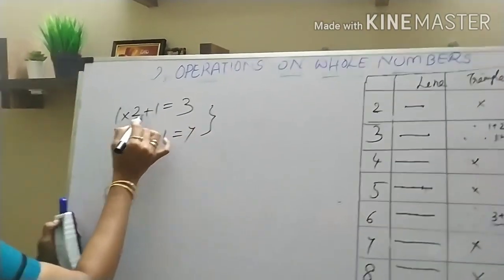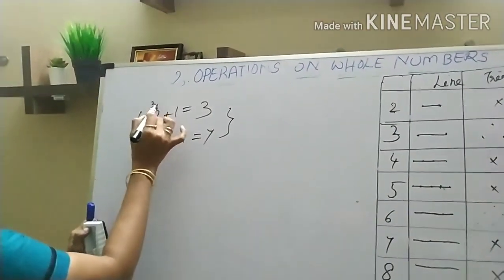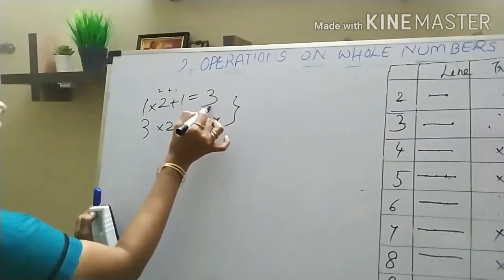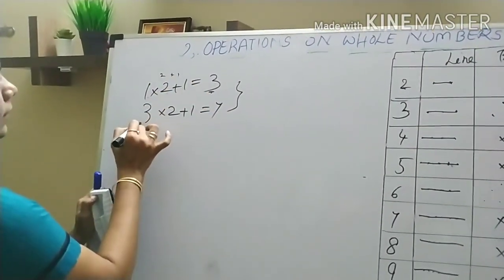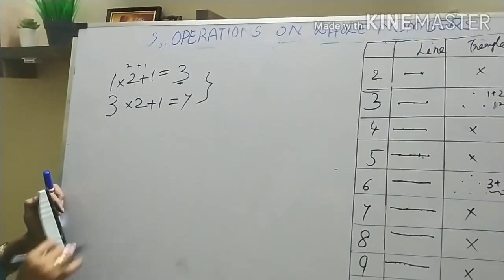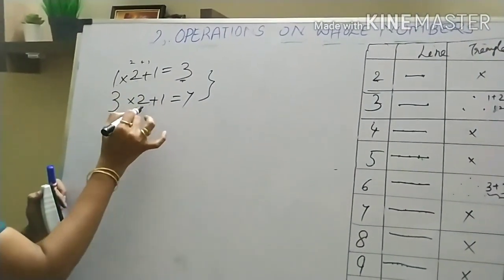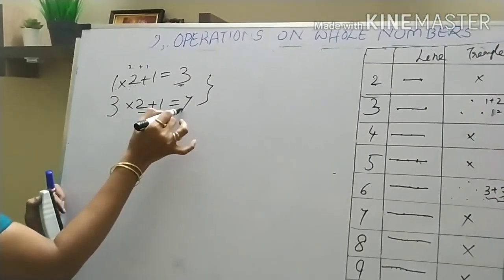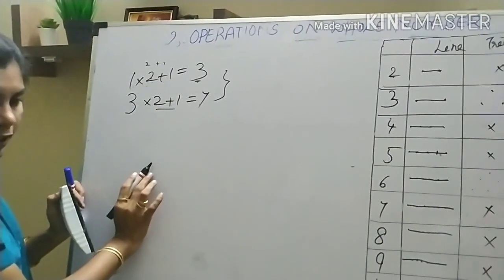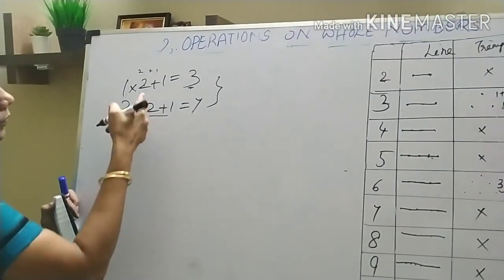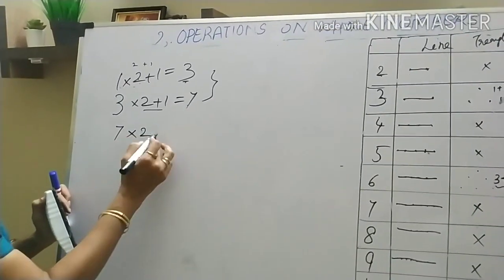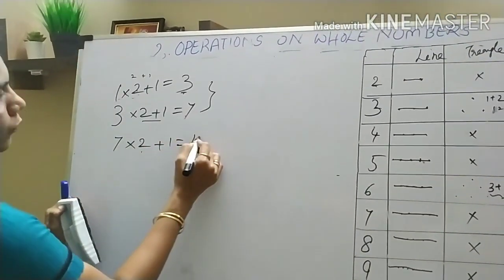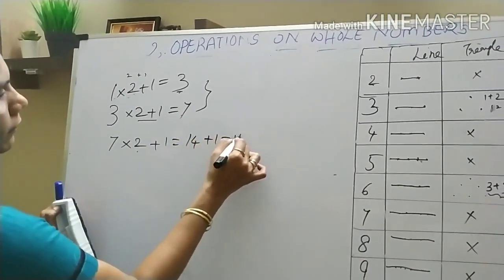See, 1 into 2 means 2, plus 1, 2 plus 1 is 3. Again taking this result 3 into 2 plus 1, you are getting 7. Next time what can I take? 7 into 2, with 2 you can multiply, plus 1. 7 into 2, 14 plus 1 equal to 15.